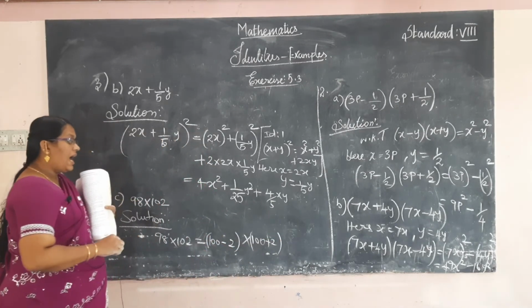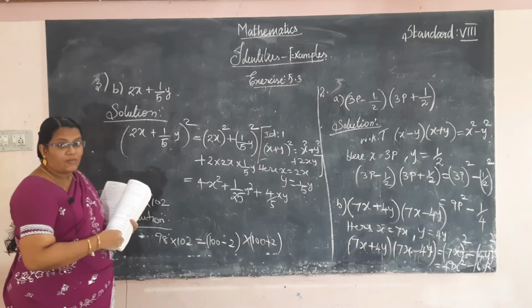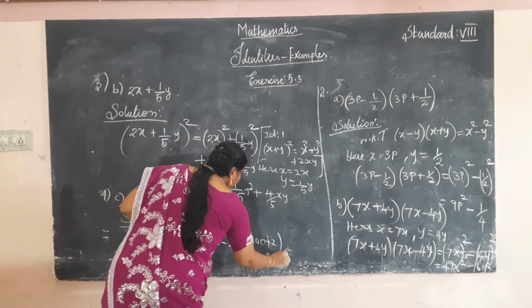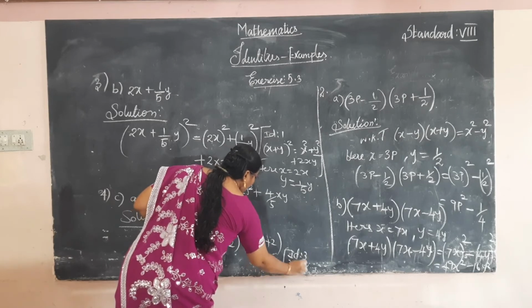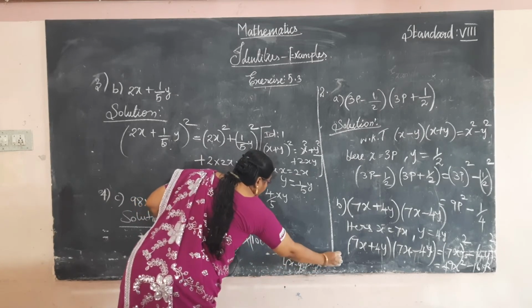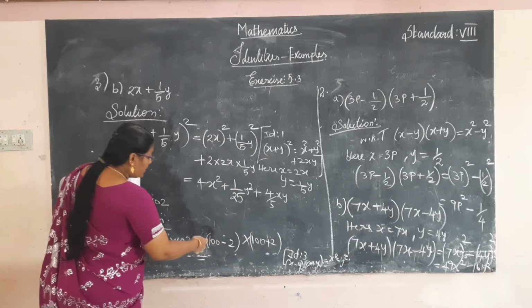Now we get identity 3 in the form of x minus y into x plus y. So here write the identity 3: (x - y)(x + y) equal to x square minus y square. Here x value is 100.